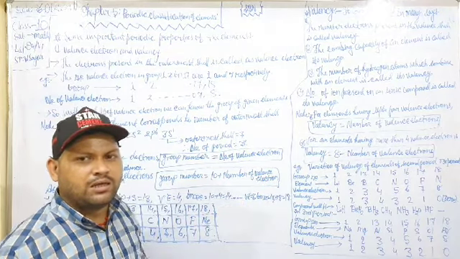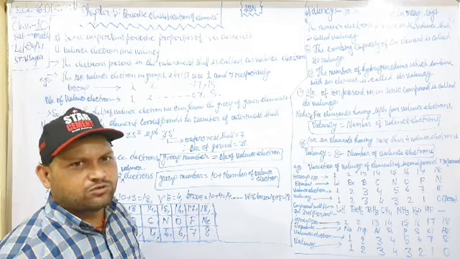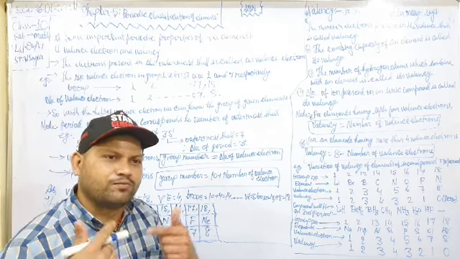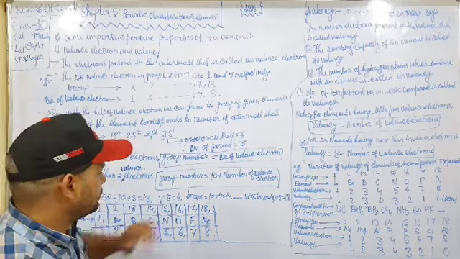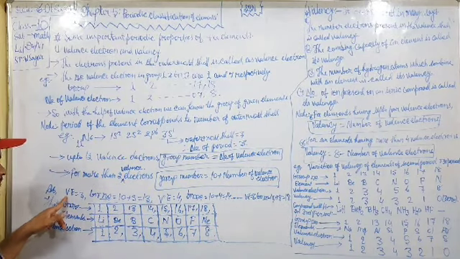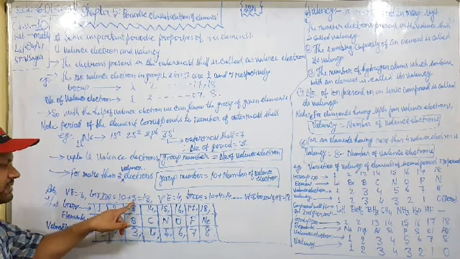For example, if any element has 3 valence electrons, then it belongs to group 13 because 10 is added to it. Understood? If valence electron is 3, group number is 10 plus 3, 13.